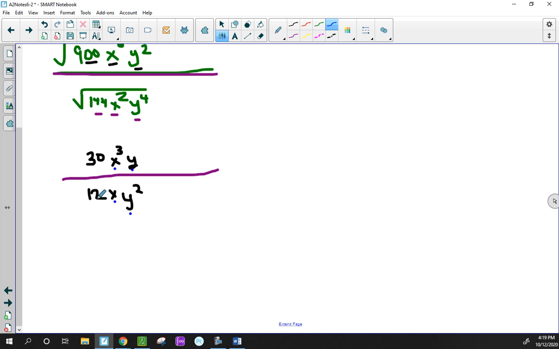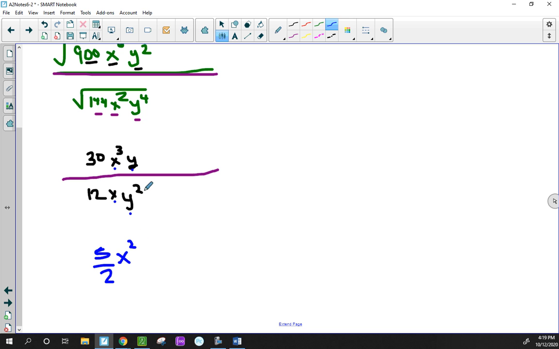So like 30 divided by 12. We're going to use your calculator and then give me the fraction answer. Okay, so that should be 2.5 on a calculator. The fraction answer for that would be 5/2. X to the 3rd divided by x is x to the 2nd.